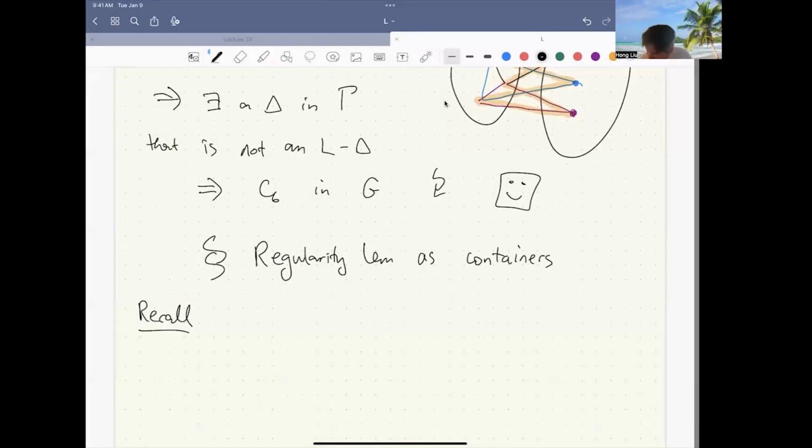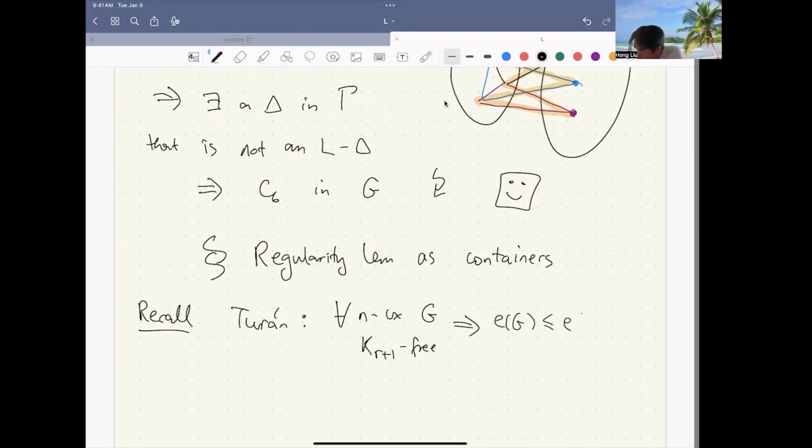Let's now recall Turan's theorem, saying for every n vertex graph G which is K_{R+1}-free, then the number of edges E of G is at most the number of edges in the n vertex balanced complete R-partite graph, which is roughly 1 minus 1 over R times n squared over 2, plus or minus some constant.